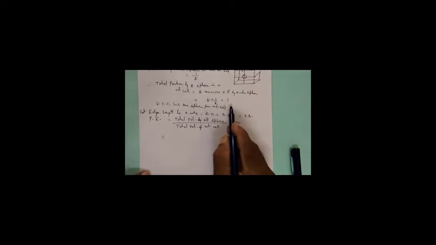Just now we discussed that there is only one sphere. Therefore, it is the volume of one sphere by the volume of the unit cell into 100. Volume of one sphere is 4 by 3 pi r cube. Volume of the unit cell is nothing but a cube.